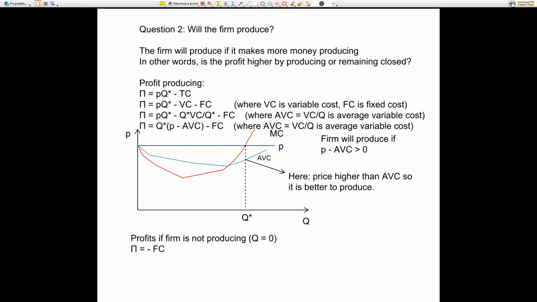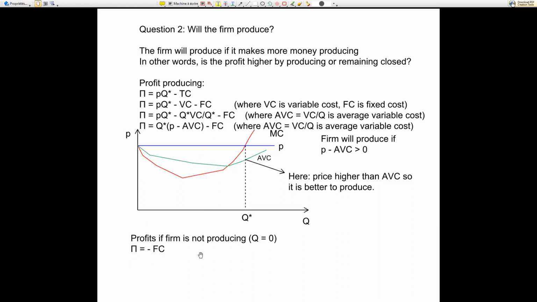For instance, I have to pay my taxes, my land rent, or my rental if I rent a building, or electricity just to keep the heat on. These are all costs that I still have to pay even if I'm not producing anything. So then my profit is going to be minus the fixed cost.